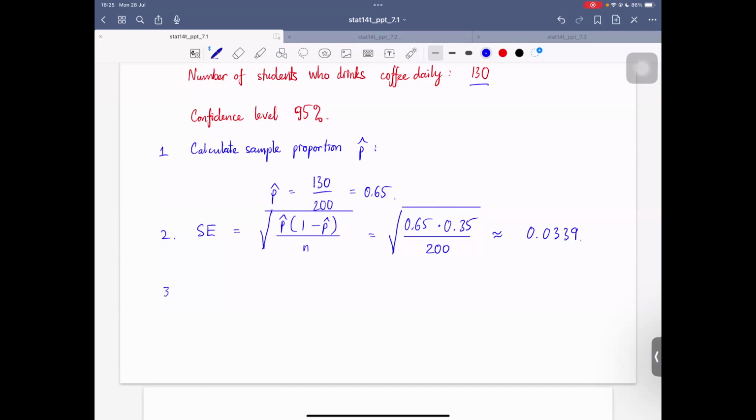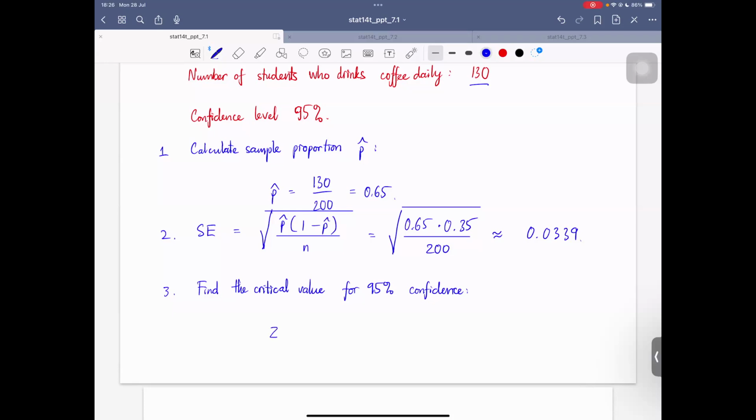Now, we need to do the third step, find the critical value for 95% confidence. Since this is a proportion and the sample is large, right? So we use the standard normal distribution or Z distribution.